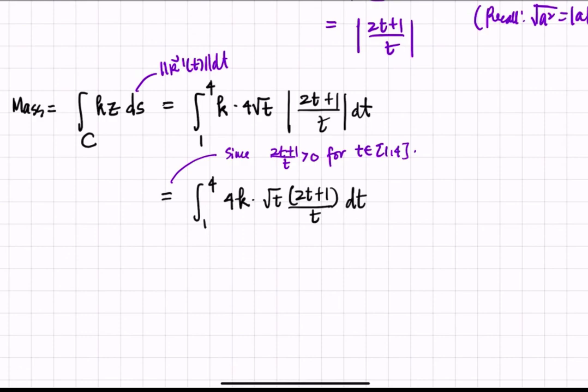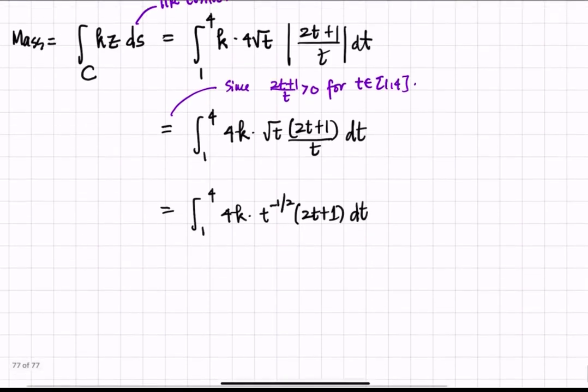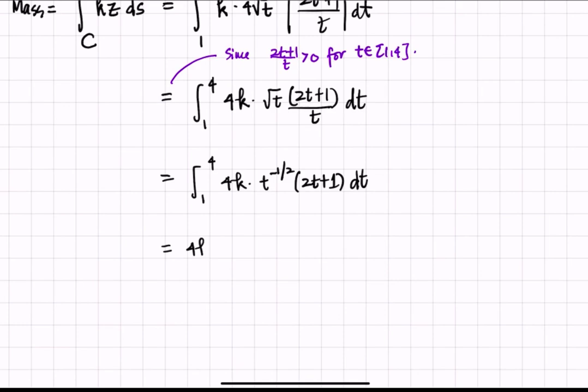Simplify na natin ito. 4k. This divided by this is t raised to negative 1/2. Ginawa ko exponential kasi mag-i-integrate tayo. So, pull out ko yung 4k. It's just a constant. Distribute.